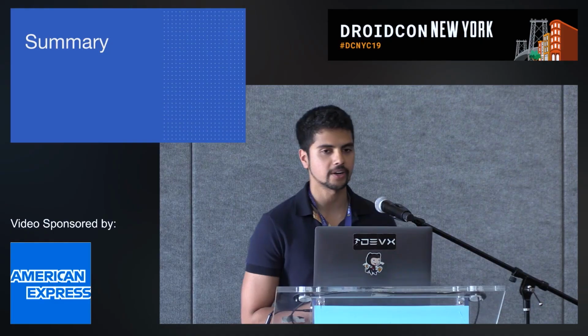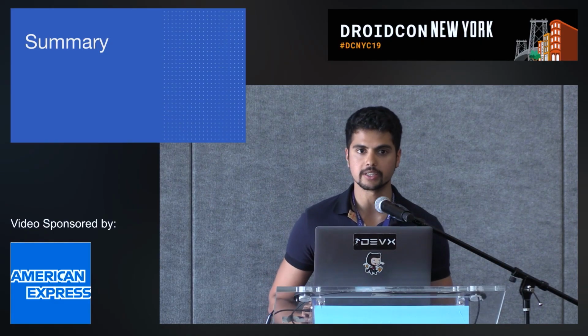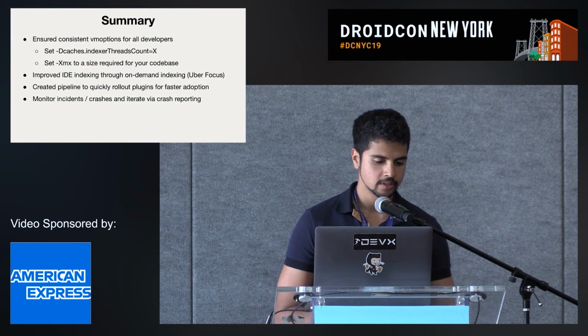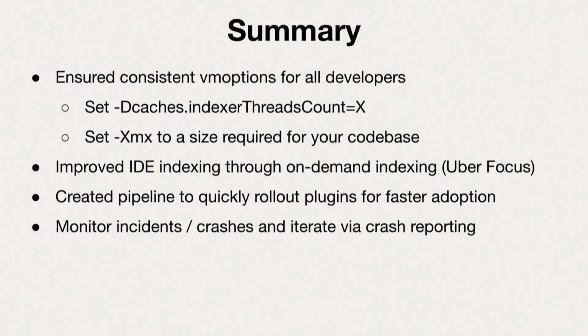So to summarize, let's quickly go through all the different things that we did and how we solved them. First off, because we had a lot of different types of IntelliJ setup, we ensured that every engineer uses the same custom settings through our patching strategy.